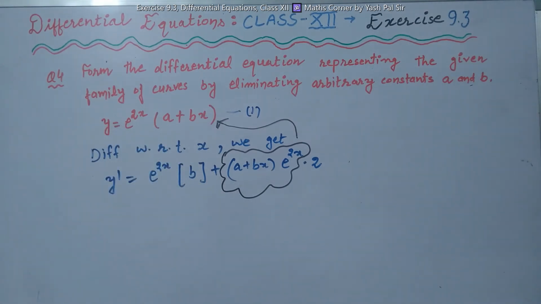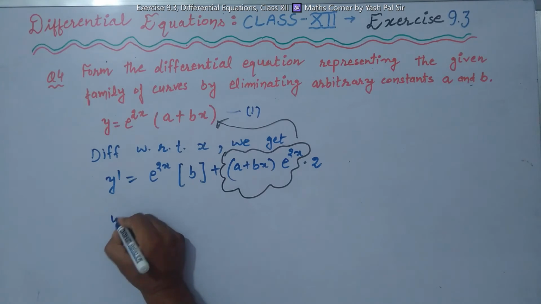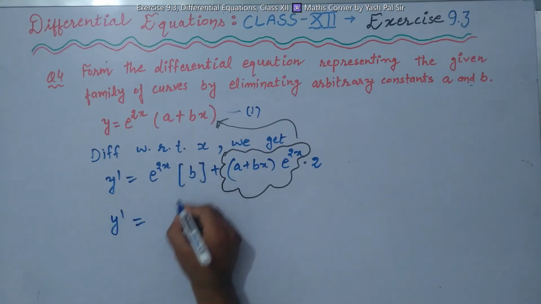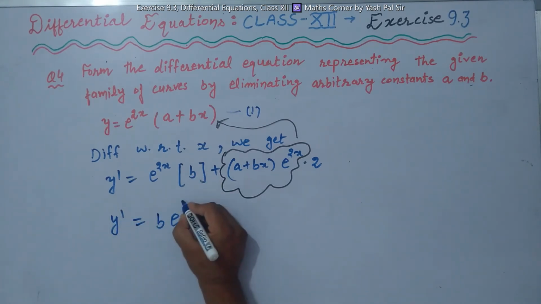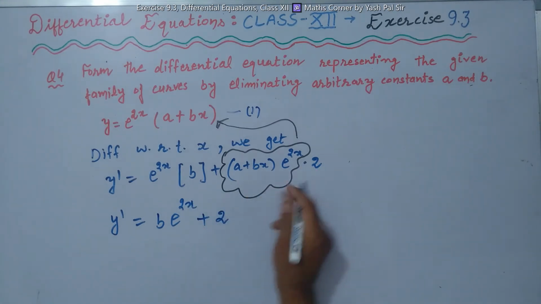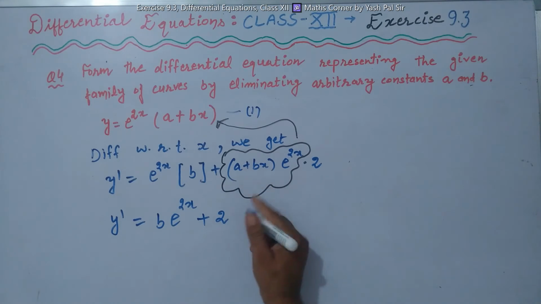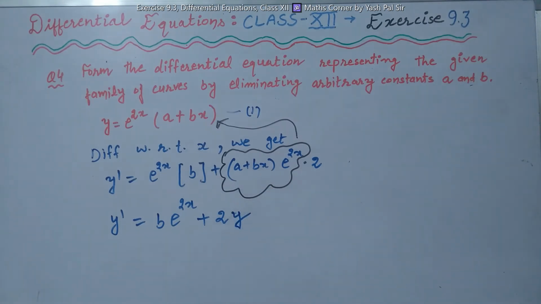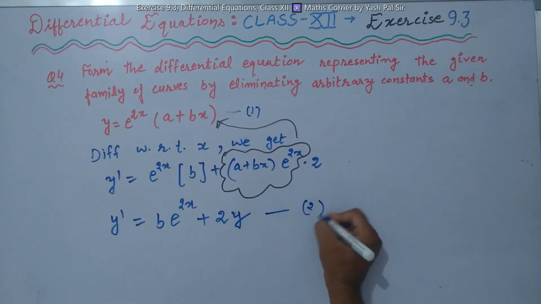So what this becomes now, y dash is equal to b into e power 2x plus 2 into this is y, right?